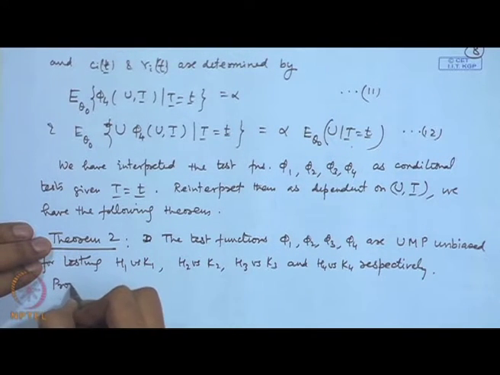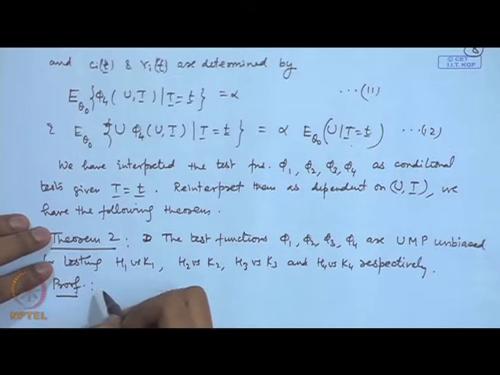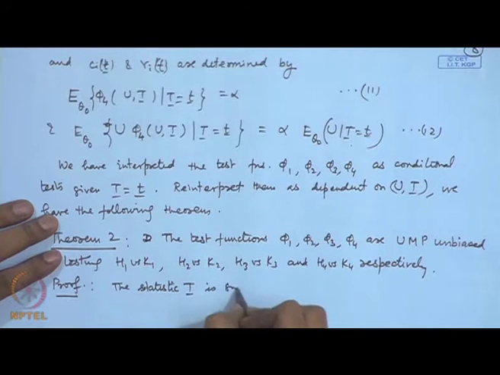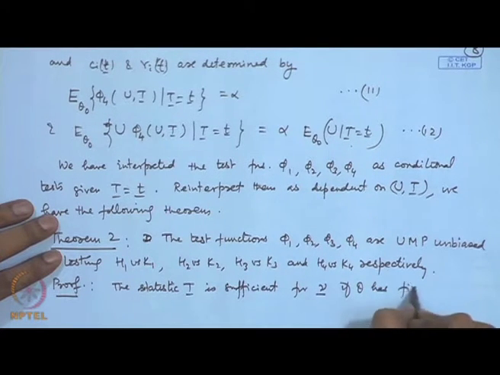Let me sketch a proof of this. Of course, for a detailed proof you may look at the book of Lehmann here. The statistic T is sufficient for nu if theta has a fixed value.